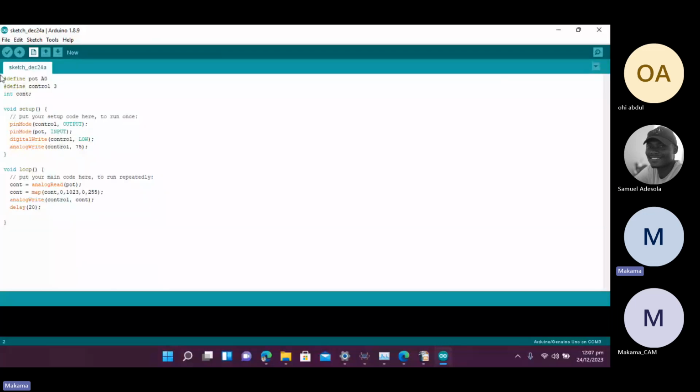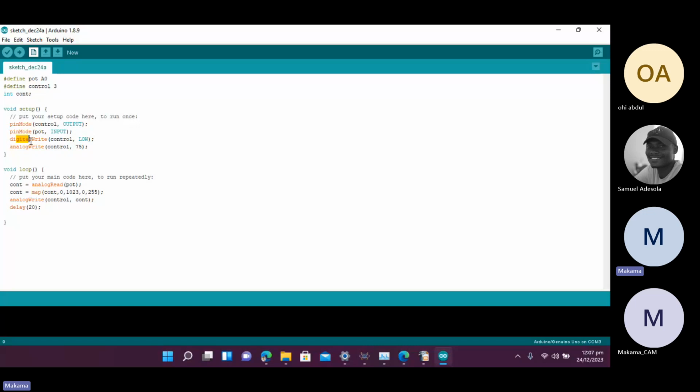I define my control pin to be pin 3, which is a PWM output pin. I set a variable to store the value that will be output at the base of our transistor. I first of all declare my control pin to be output. I declare my potentiometer pin to be input because we'll be taking an input.